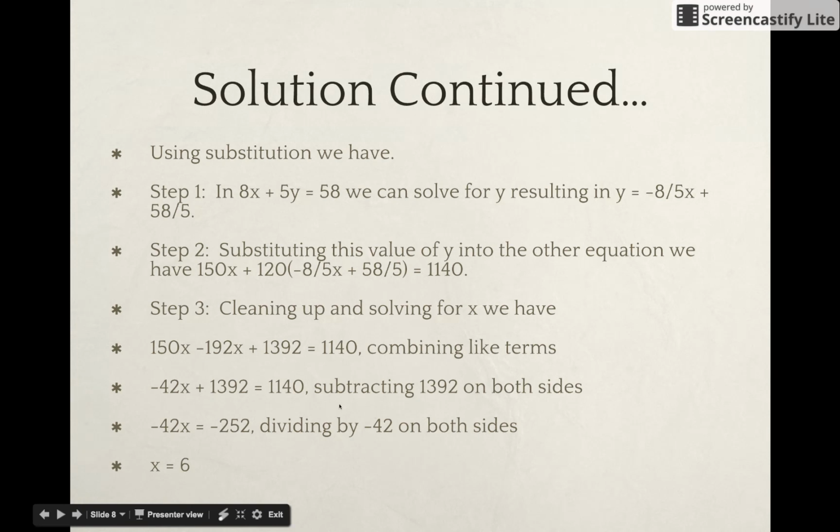To solve this equation, we'll subtract 1,392 on both sides, as well as divide by negative 42 on both sides. And that results in x equals 6. The interpretation on that would be 6 servings of milk, since x was representing the servings of milk.